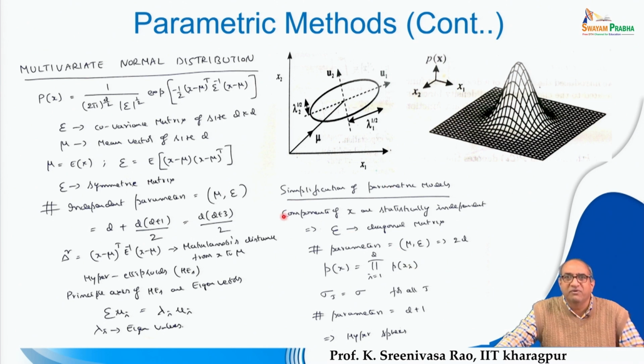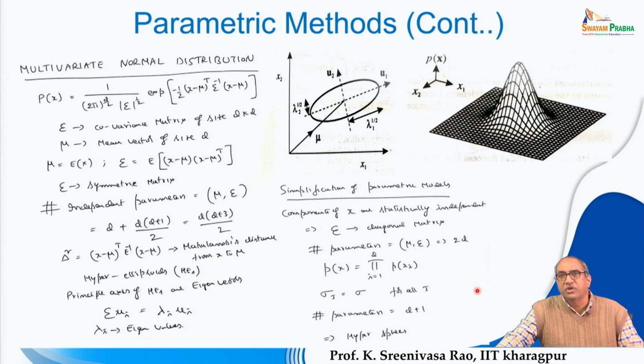If you want to simplify the parameters further, because the number of parameters is d into d plus 3 by 2, you can assume the components are independent, not dependent on each other, like x1 and x2. Then the correlation between them will be 0, so all values of the symmetric covariance matrix remain 0 except the diagonals.